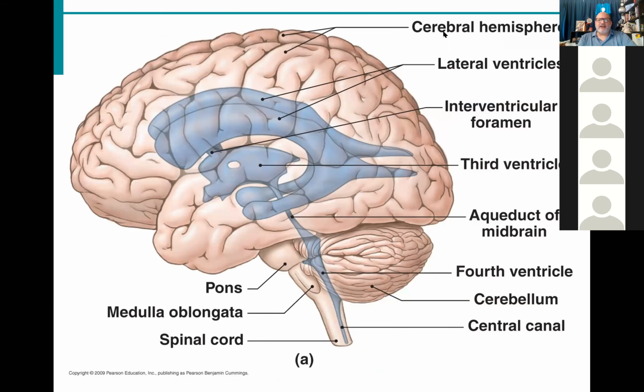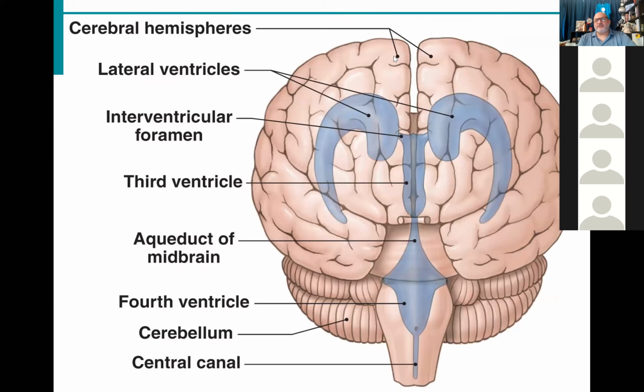And luckily for us, there is a small opening that will allow us to do that. But I think you see this actually best from this view. So again, you're this drop of cerebral spinal fluid made here in one of the lateral ventricles. Notice they're both lateral ventricles, left and right. One is not 1 and one is not 2. They're just the lateral ventricles.